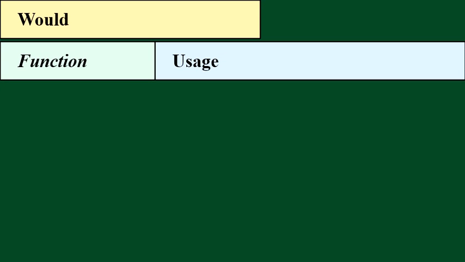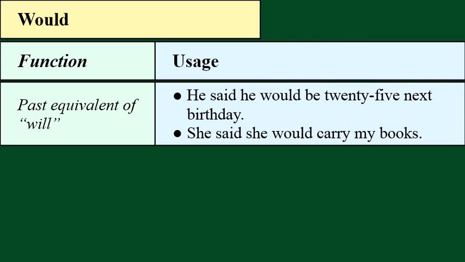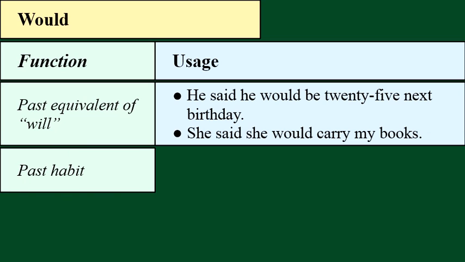Use of would. Would is used as past equivalent of will. The examples are, he said he would be 25 next birthday. She said she would carry my books. It is used to indicate past habit.